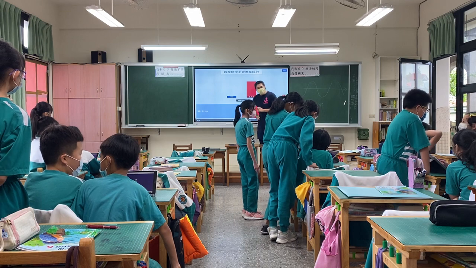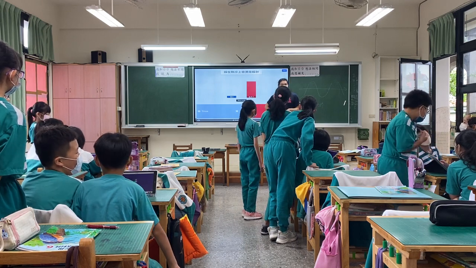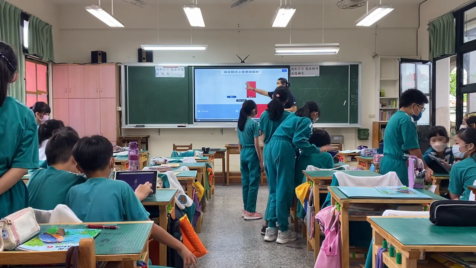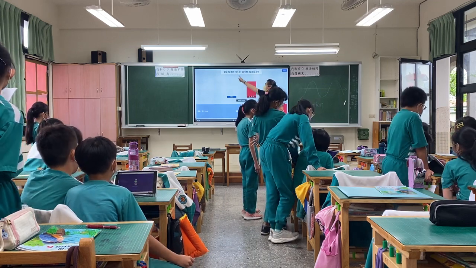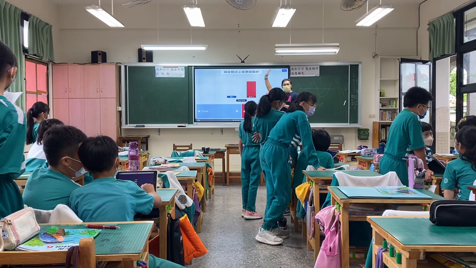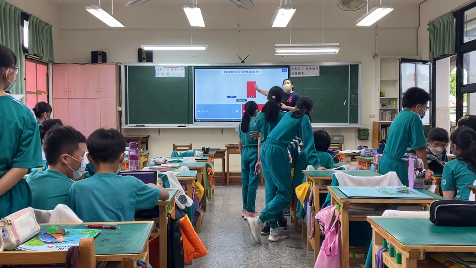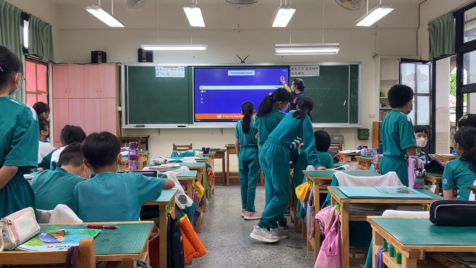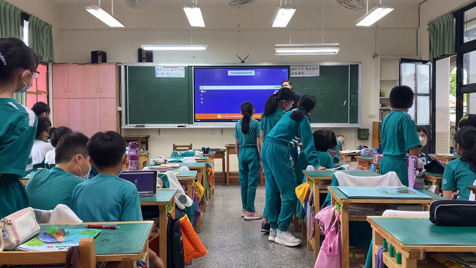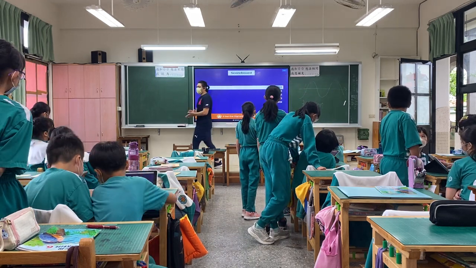Is that about signals? Wi-Fi signals. All right. If you are stepping on hot sand, it is because of what? Convection. Yes, very good. Also conduction. All right. I think that's enough.